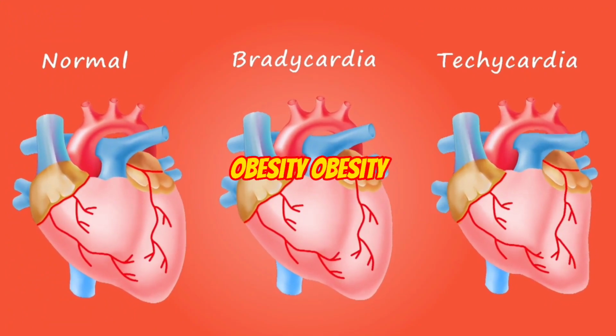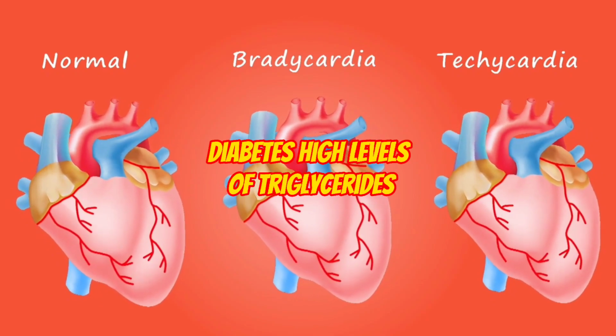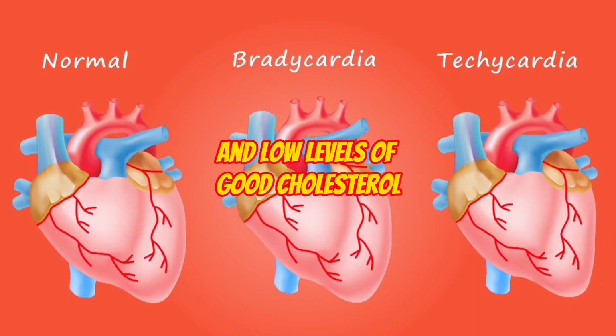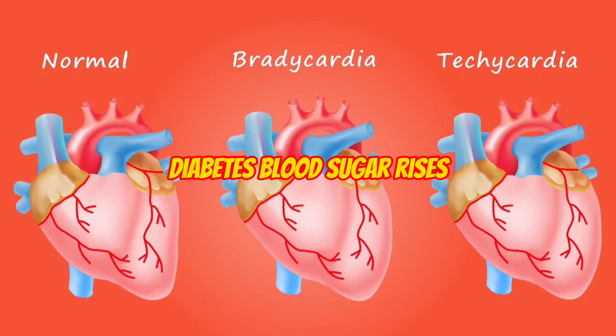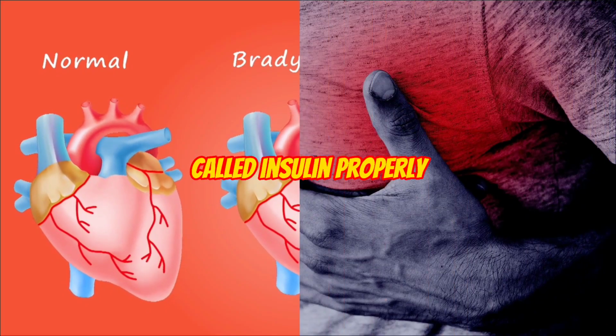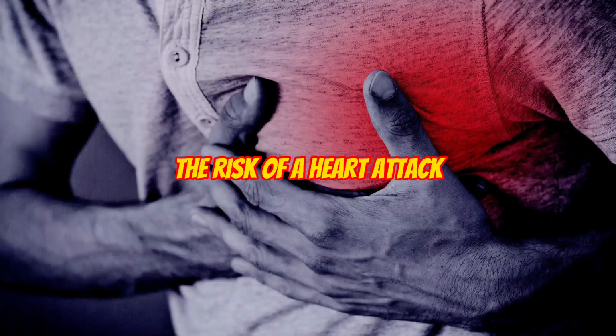Obesity. Obesity is associated with high blood pressure, diabetes, high levels of triglycerides and bad cholesterol, and low levels of good cholesterol. Diabetes. Blood sugar rises when the body does not produce or use a hormone called insulin properly. This increases the risk of a heart attack.